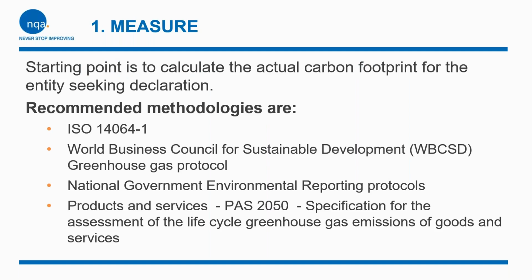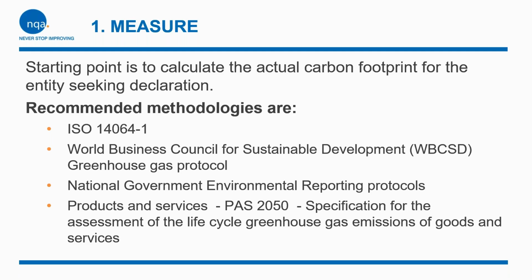So obviously we talked about the 4 bits of PAS 2060. What does it actually require? So the starting point for all of this is to calculate the actual carbon footprint for the entity, the boundaries, the scope, whatever you want to call it, seeking the declaration.